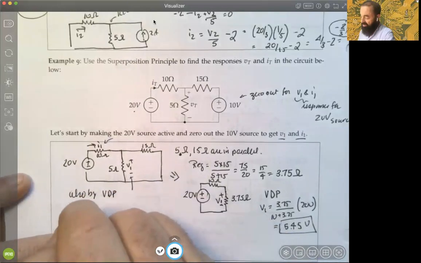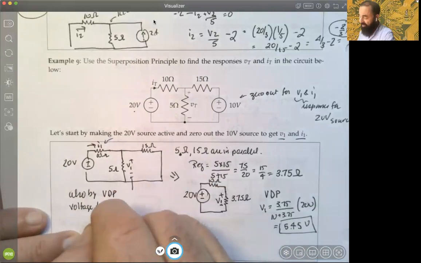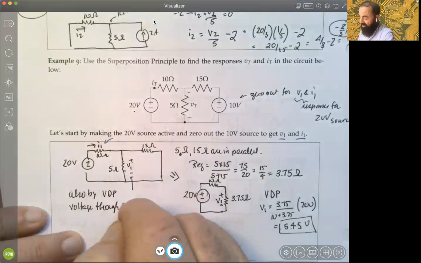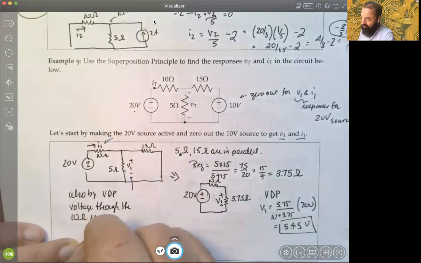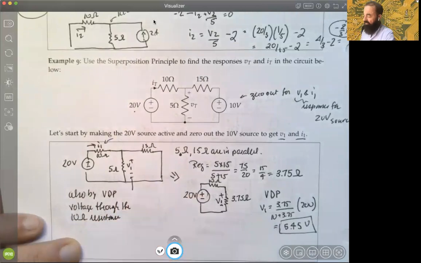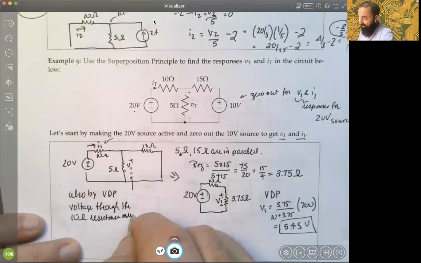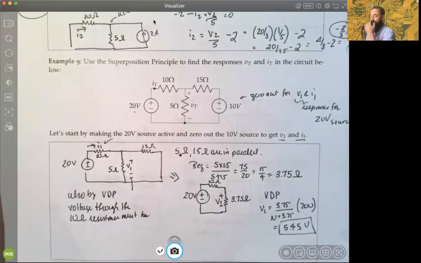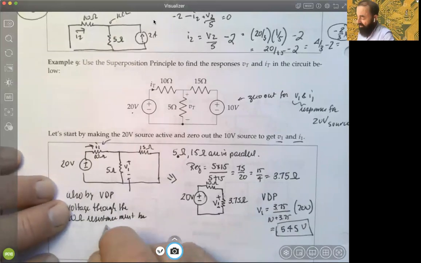The voltage, now we didn't write it, we didn't index it, but we'll say the voltage through the 10 ohm resistance, right, must be what? Okay, well, same thing, but use 10 in the numerator.